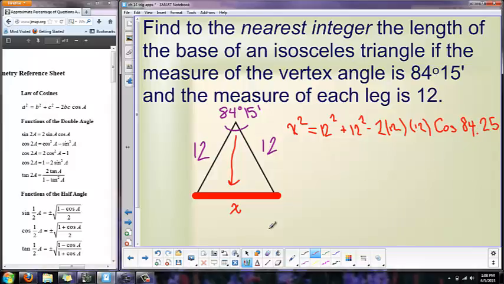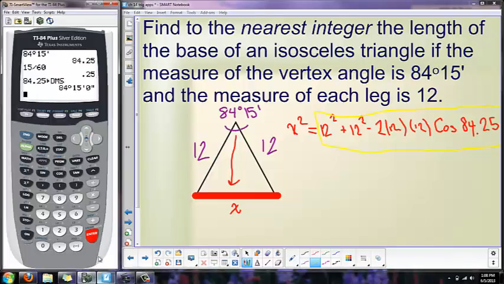So this is the same thing as before. Because we are solving for this side length, all we need to do is type all of this stuff into our calculator, and the calculator is going to do all the work for us. So let me pull up my calculator, and let's type that all in. 12 squared plus 12 squared minus, now remember all these are being multiplied, so I want to put it in parentheses just in case. 2 times 12 times 12 times cosine of 84.25 degrees.